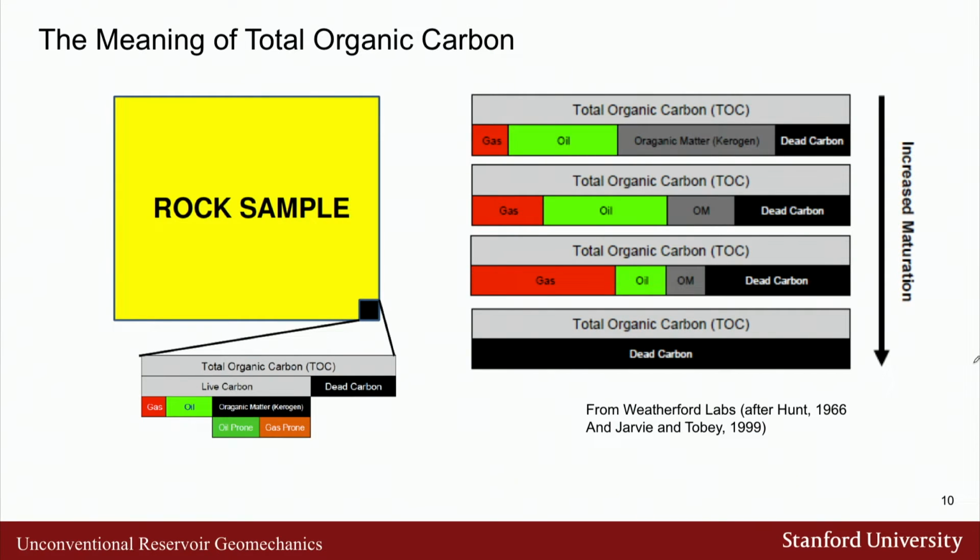When we talk about carbon, we have to recognize that it comes in various forms, and the image on the left shows that by volume or mass, we're normally going to represent TOC by mass content, but it's very small.